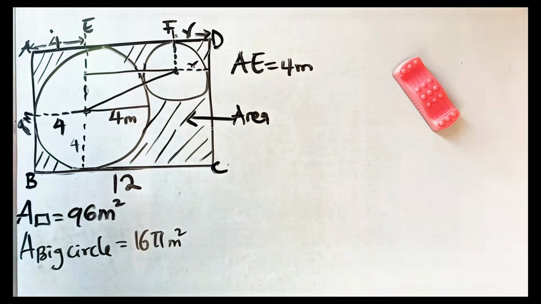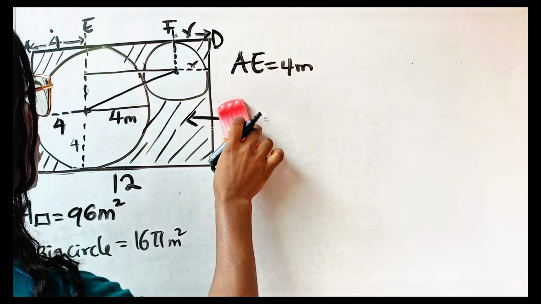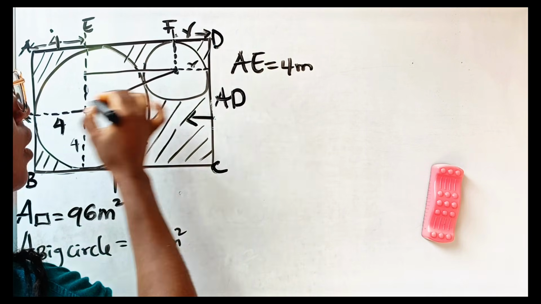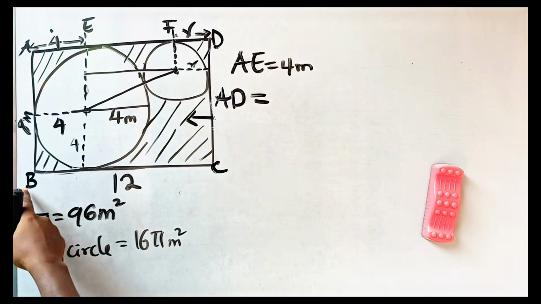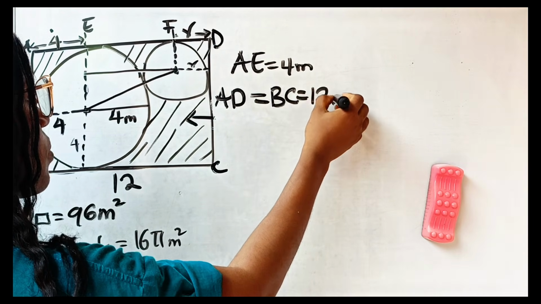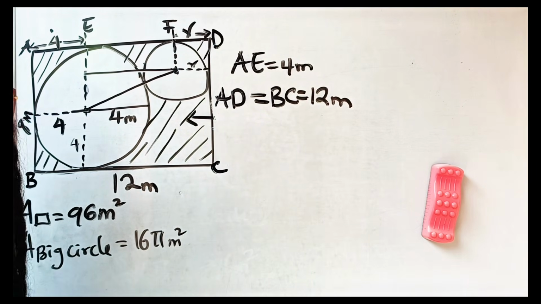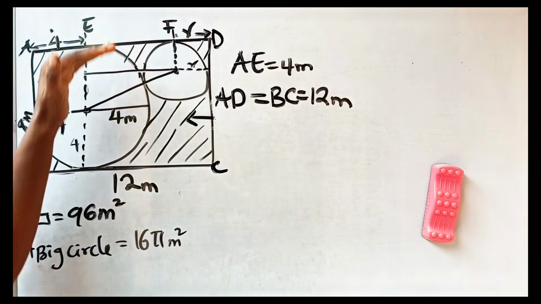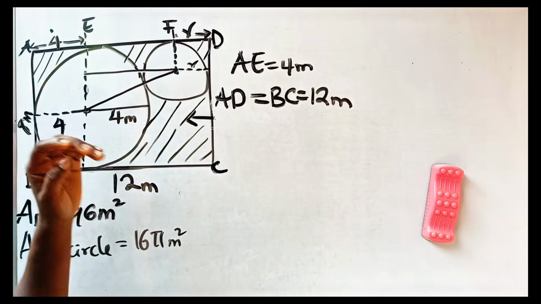Note that AD should be equal to BC, which is equal to 12 meters. Remember that this is a rectangle, so the opposite sides are equal.